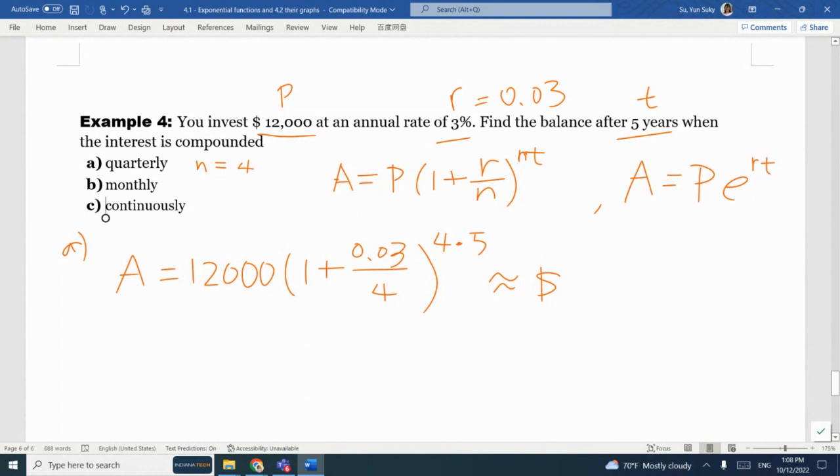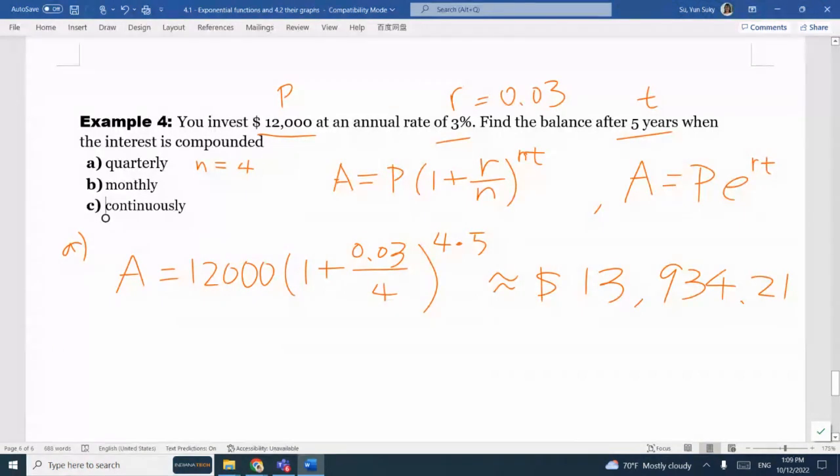So what do you get? I got 13,934.21. Do you have the same answer, everybody? If yes, that's good. If not, check your work. What did you type in your calculator?